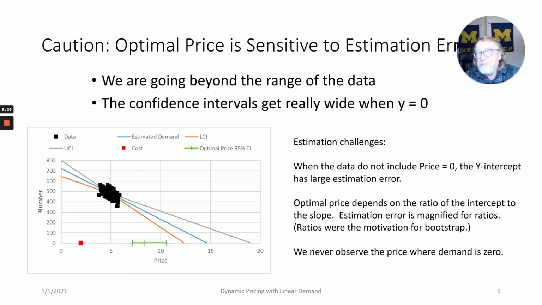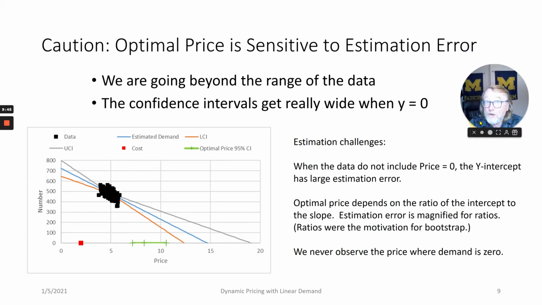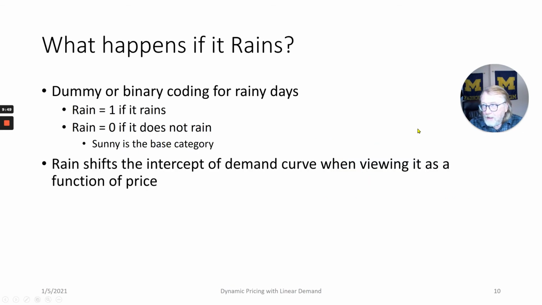So ratios tend to magnify your sampling variation, which is what we can see here when we're looking at this estimate. And that feeds forward into your optimal pricing, okay? So there are some estimation challenges there that are very important in reality, right? Because you hope this thing works in the real world, not just on PowerPoint slides.